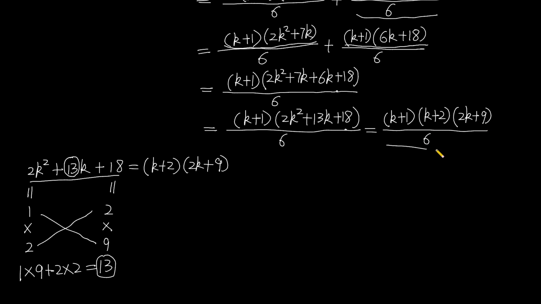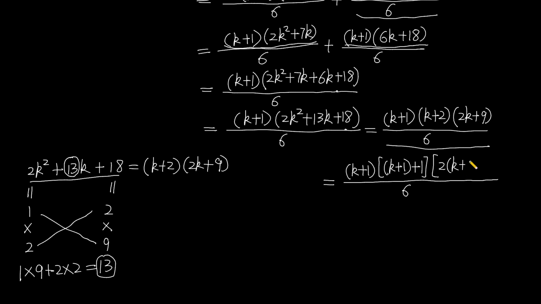And this can be rewritten as (k + 1)(k + 1 + 1)(2(k + 1) + 7) over 6. And this is the left-hand side. The left-hand side equals this expression.